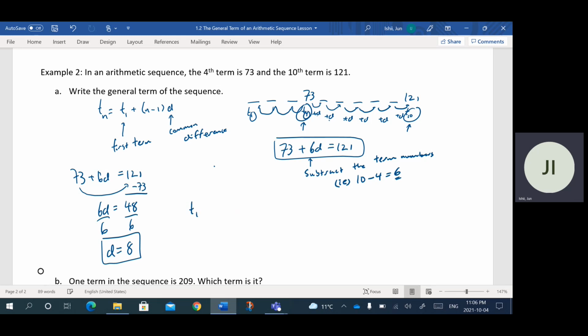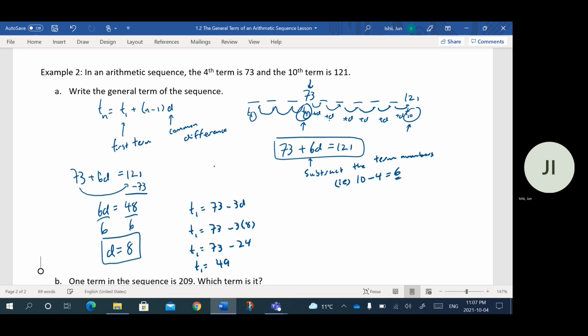So T1 is going to be 73 minus 3 of the common differences. So T1 equals 73 minus 3 times 8. T1 is going to equal 73 minus 24. The first term in this case turns out to be 49, I believe. Yes. Cool.